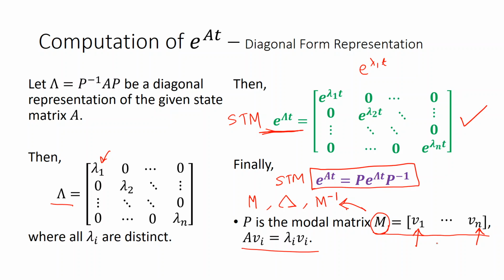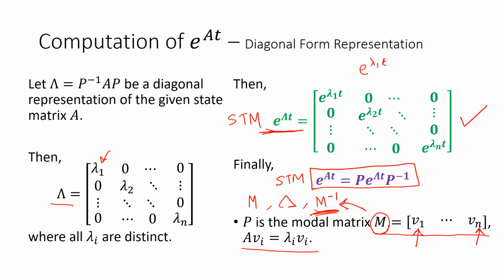You will be able to make the matrix M. Now M inverse will take some time, but if you calculate it cautiously, you will get M inverse, and then you can find e to the power of At. So this is one way, for the diagonal form.